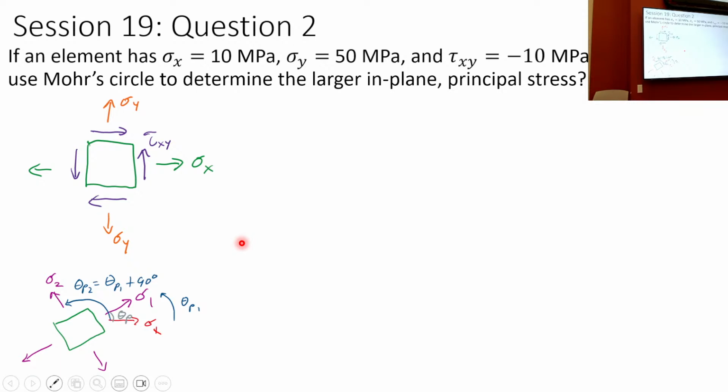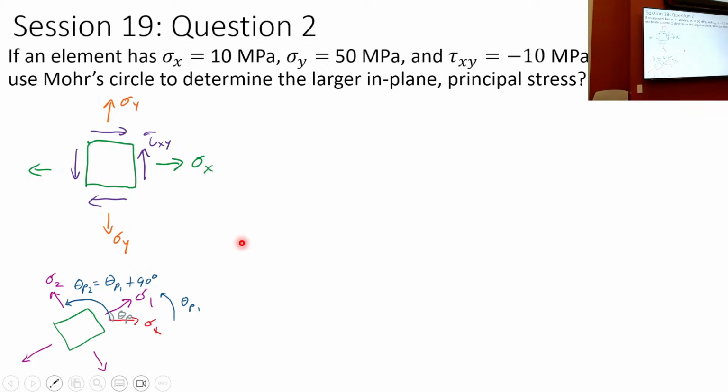All right, so that's the general procedure. Figure out where the center of Mohr's circle is based on averages. Then plot the point sigma x, tau xy. In this case, it's going to be up to the right, because that tau xy is negative, so it's above the sigma axis.